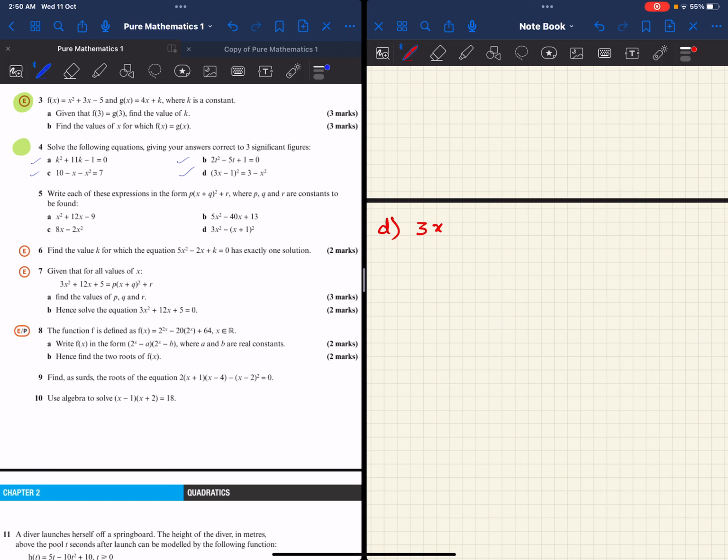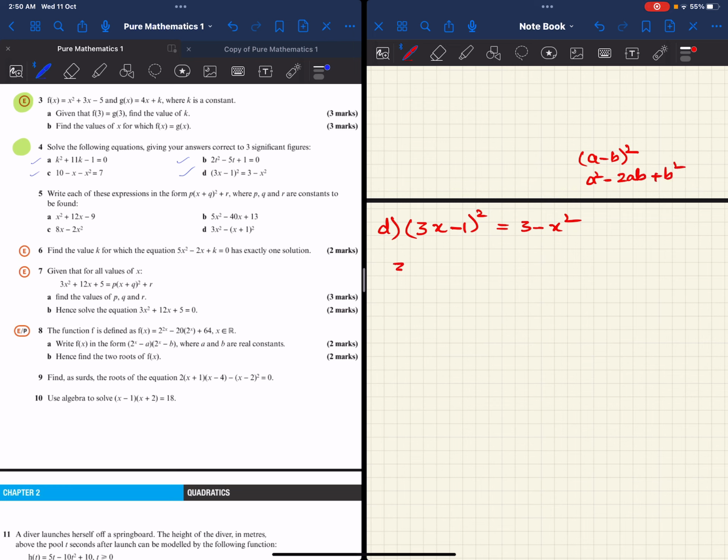we have 3x minus 1, the whole squared, is equal to 3 minus x squared. So the bracket on the left side is to be expanded using the a minus b the whole square identity, which is a squared minus 2ab plus b squared.